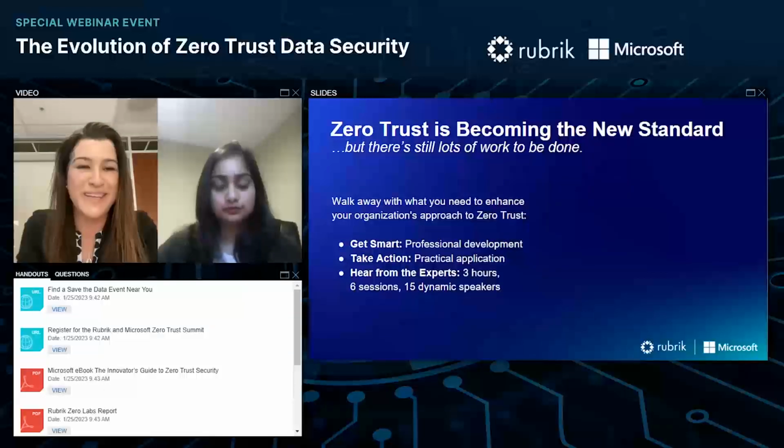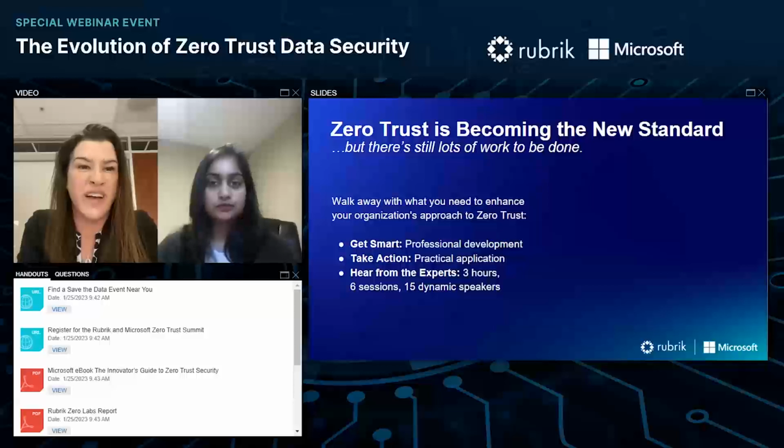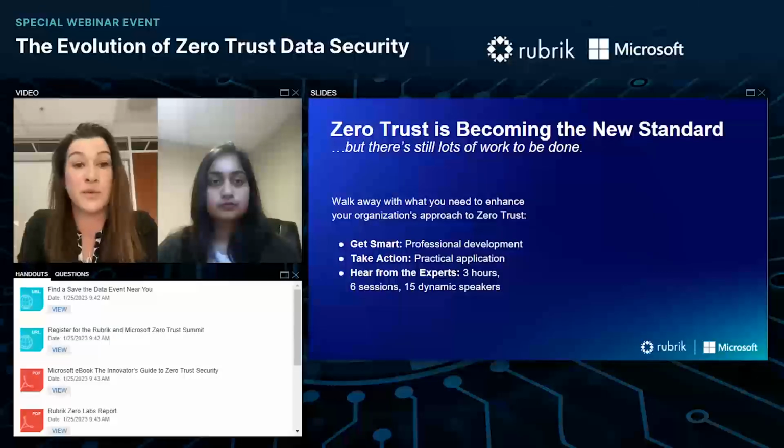Humans are complex beings, and taking that into consideration with the compounding factors you just mentioned of sophistication and need, it's like we have to use as many tools as we can to get smart as employees and leaders in our organizations to help with cybersecurity.